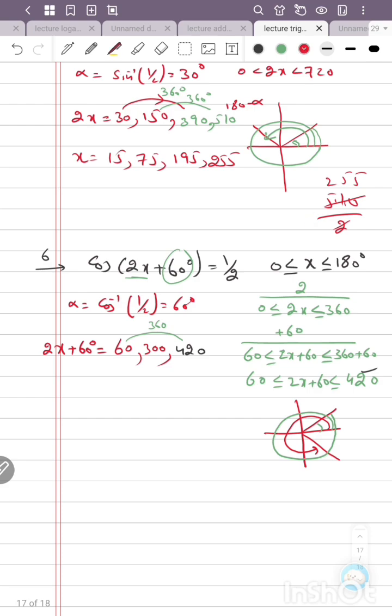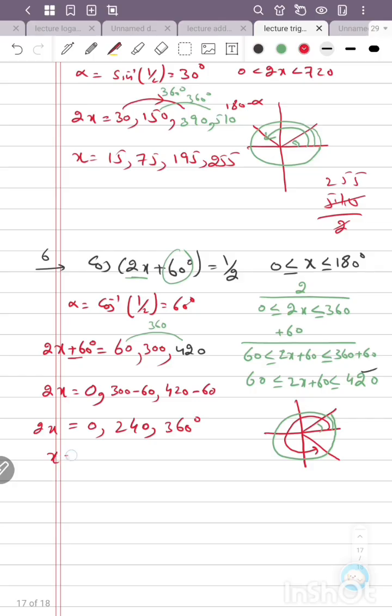Now we need the answer only in x. How do we convert it into x? First of all, from 2x plus 60 we subtract 60, because this 60 is positive on one side and will be negative on the other. 60 minus 60 gives 0. 300 minus 60 gives 240. 420 minus 60 gives 360.